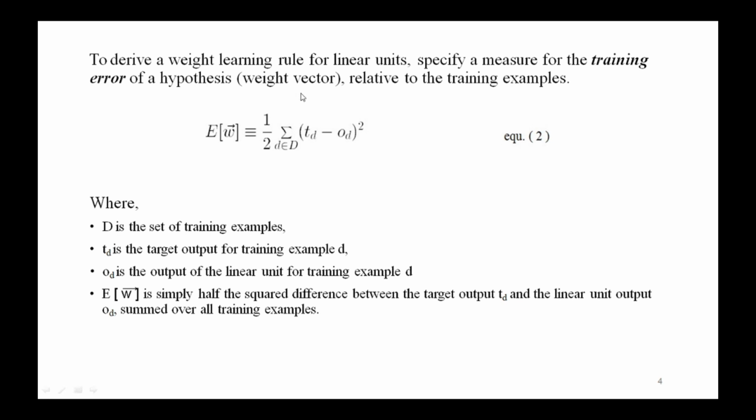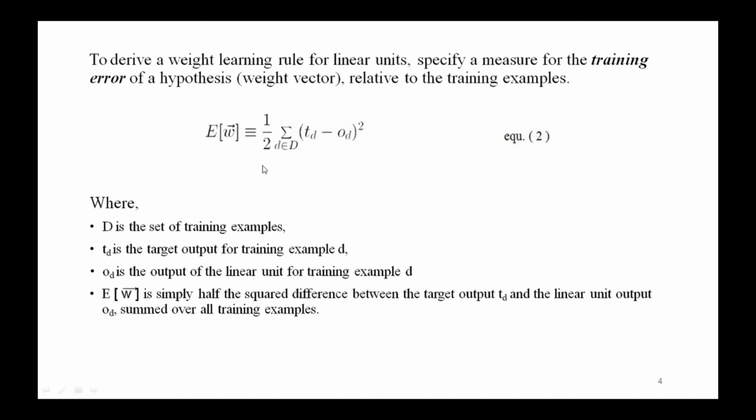This training error of a hypothesis is relative to the training examples. Although there are many ways to define this error, one common measure will turn out to be especially convenient.